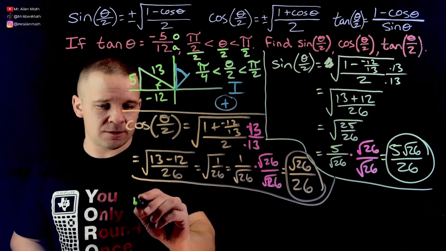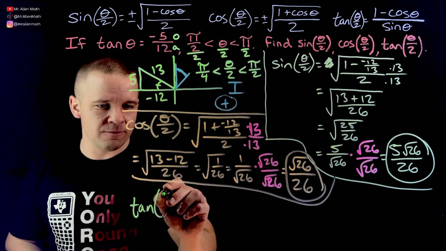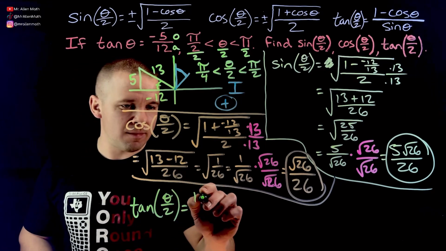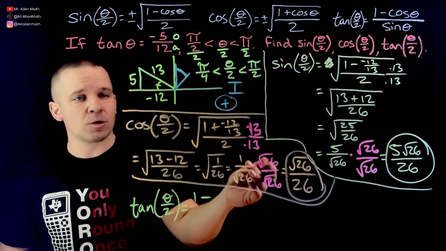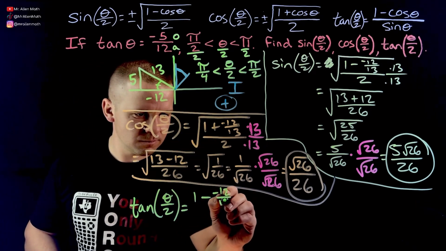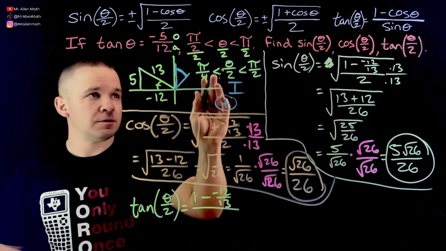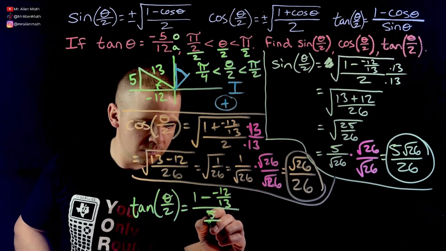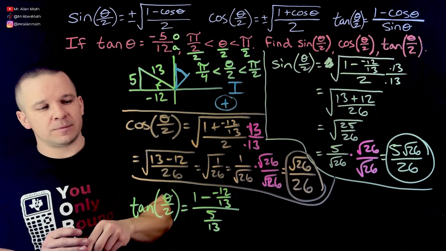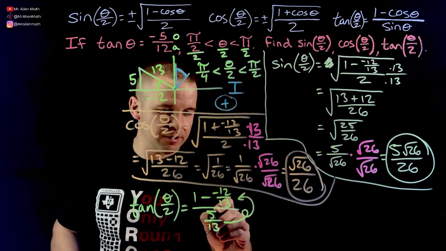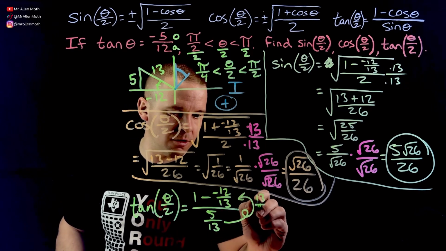So we have tangent of theta over 2 equals 1 minus cosine of theta, which we know is negative 12 over 13, all over sine of theta, which is 5 over 13. So what I'm going to do here is multiply by the reciprocal of that denominator, which is 13 over 5.